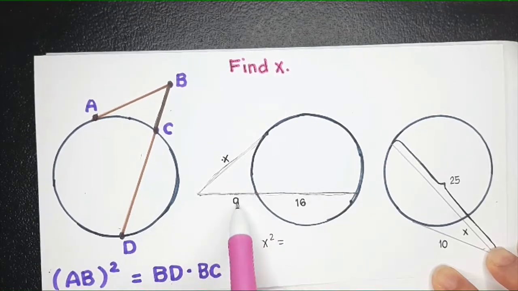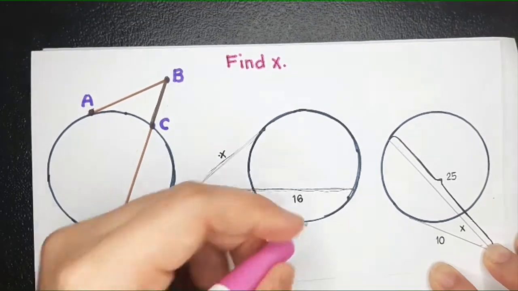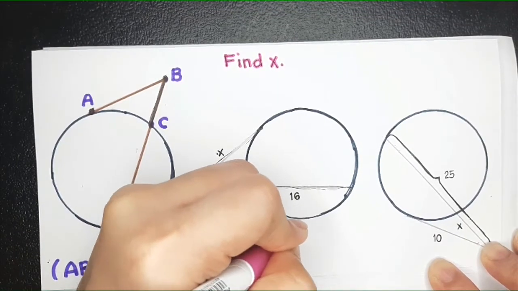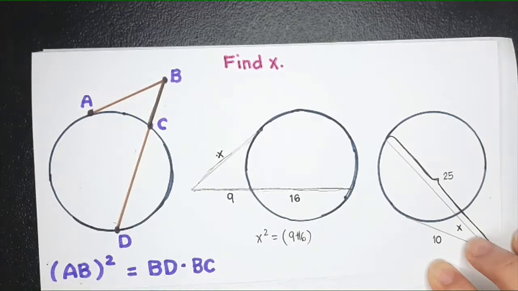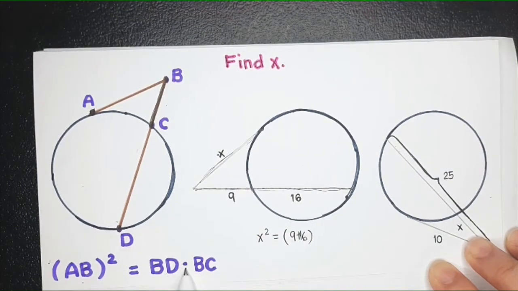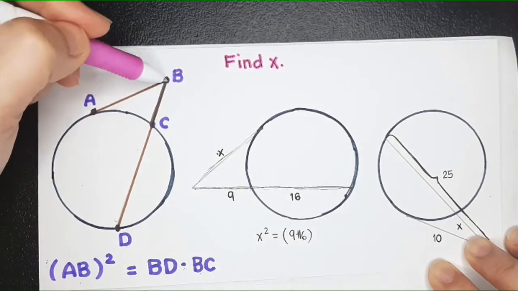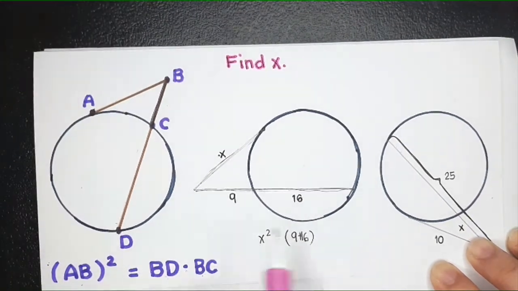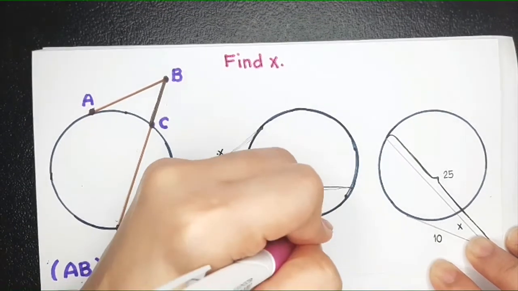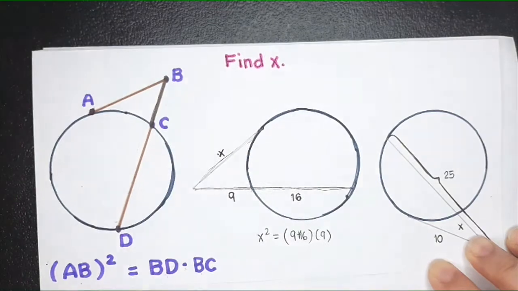It is 9 plus 16. So, let me write para alam nyo kung anong ginawa ko. 9 plus 16. Okay? And then, multiplied by, sabi dito, multiplied by BC. Where's BC? Ito, oh. Yung nasa labas. Sino yung nasa labas ng circle? Ito. 9. So, multiplied by 9.